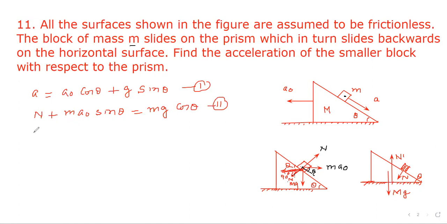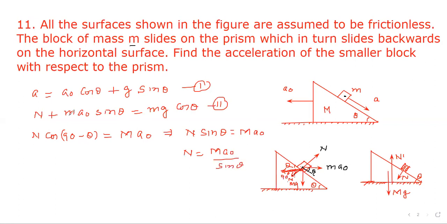So N cos(90 minus theta) is causing the motion in the bigger block, or the prism, equal to capital M A0, or N sine theta equals M A0. From here, we get the value of N equal to M A0 divided by sine theta.